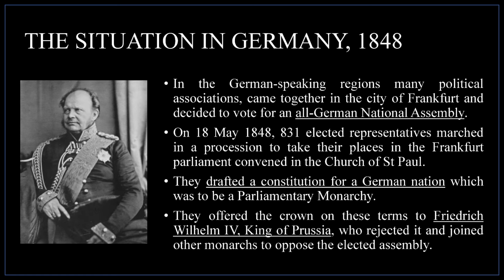They drafted a constitution for a German nation, which was supposed to be a parliamentary monarchy, which meant that there was going to be a king, but there was also at the same time going to be a parliament which had elected representatives. They offered the crown on these terms to Frederick Wilhelm IV, who was the king of Prussia at the time. He, however, rejected it and joined other monarchs to oppose the elected assembly.